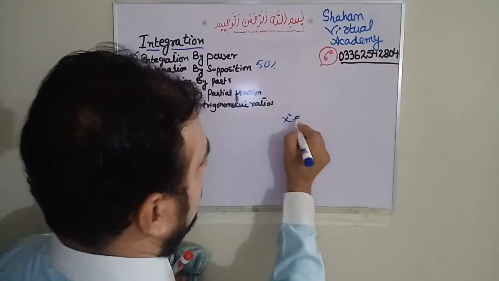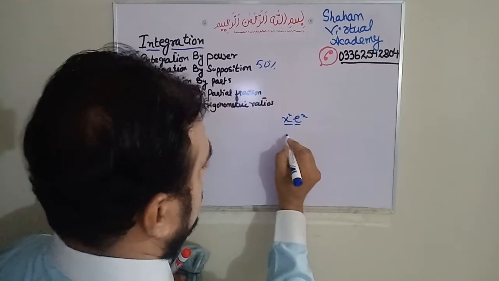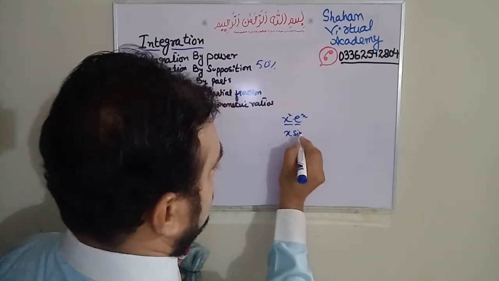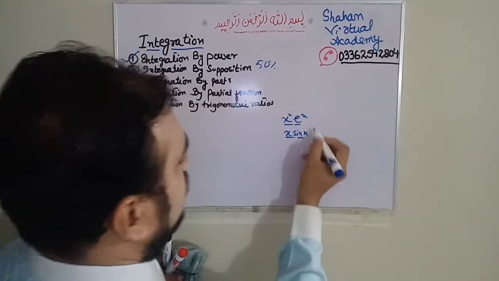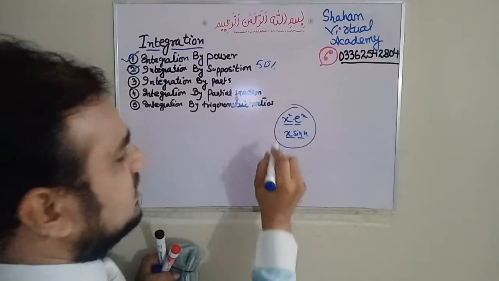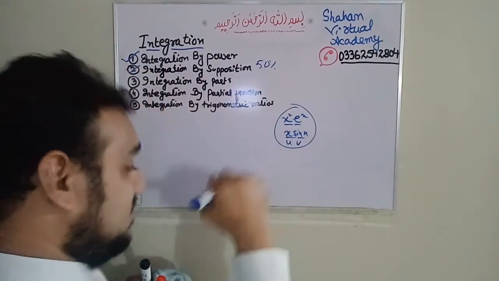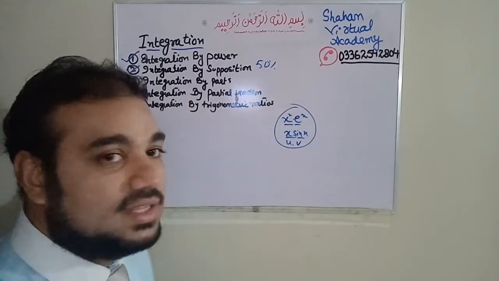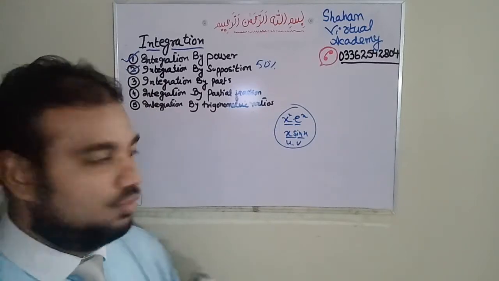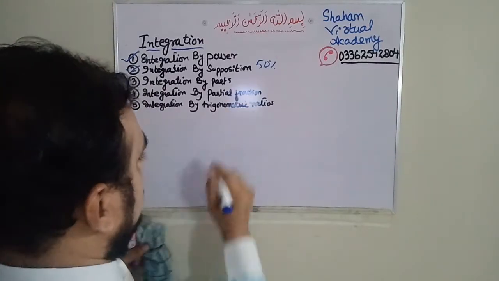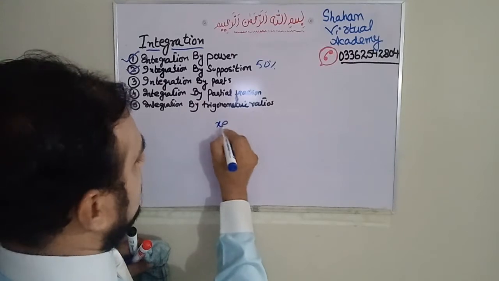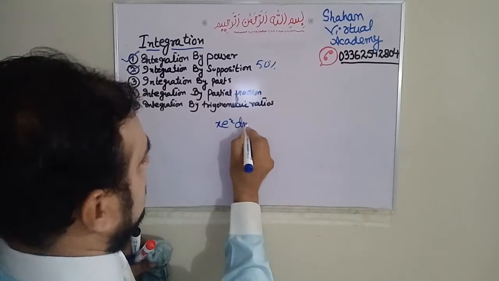Let's say x square ex, it's two functions. Let's say x sine x, it's two functions. So whenever you get these types of functions in multiplication, you just apply the uv formula in derivation. But when it comes to integration, what will you do? Let's suppose x ex dx.